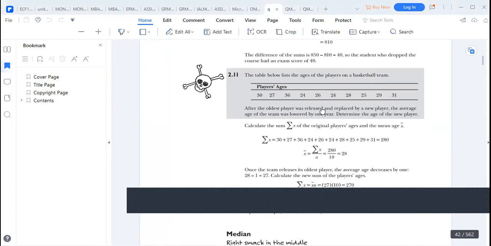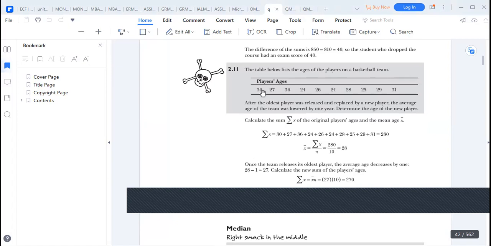All we need is to understand that the mean is the average: you add from 30 to 31, and our total is 280. Then we divide by the number of the observations. So we have 1, 2, 3, 4, 5, 6 up to 10. So we divide by 10. So 280 divided by 10, which gives us 28. So this is how we find our average.